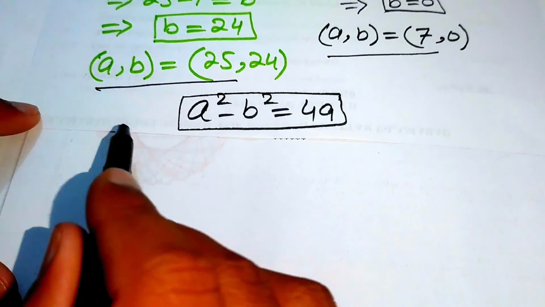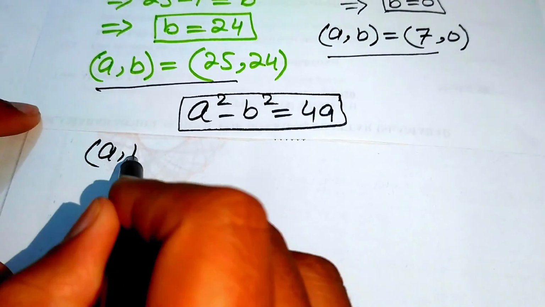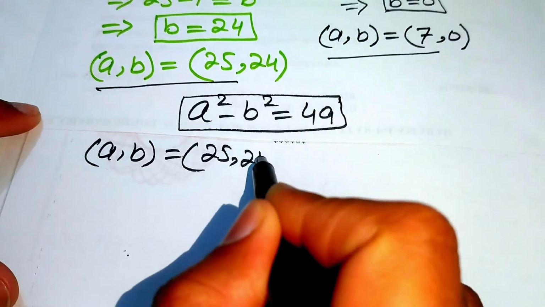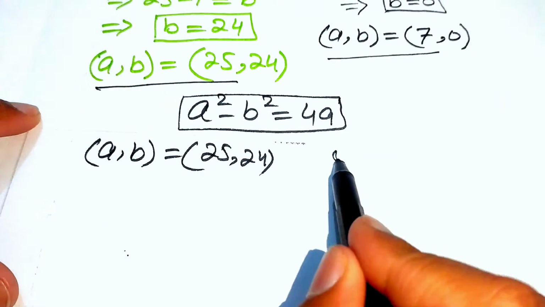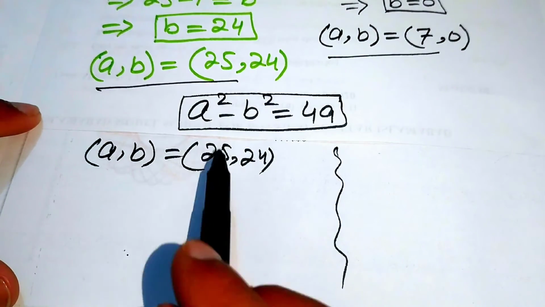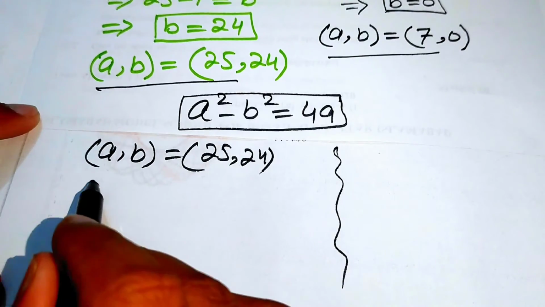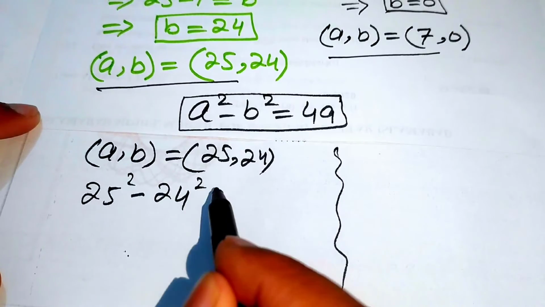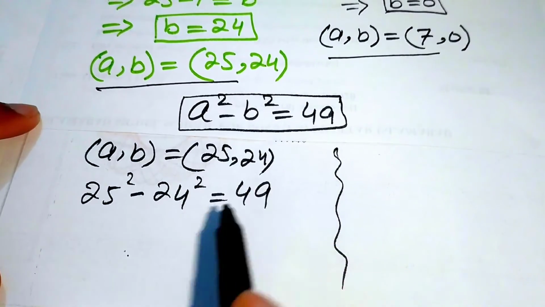And now first we check this solution, and here we have a, b equals 25 and 24. So we substitute the value of a and b in the left hand side of this equation, and we get 25 square minus 24 square equals 49.